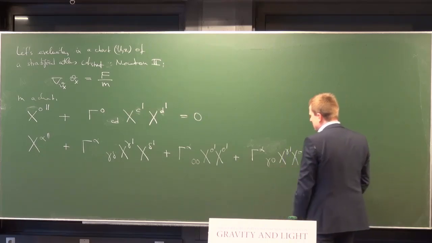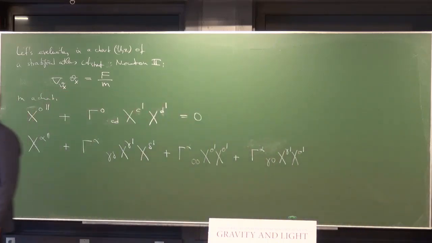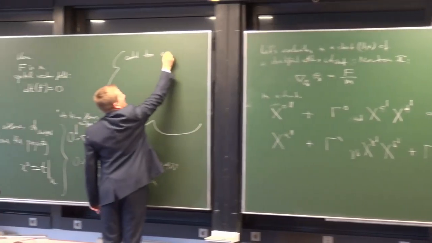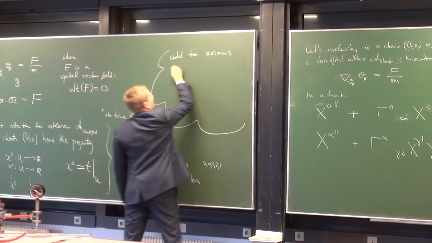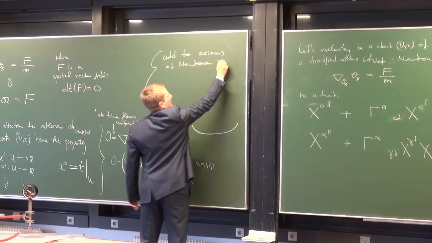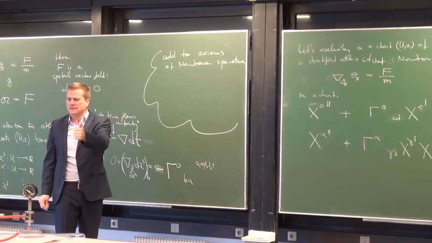And I forgot yet another. I should have said something. I'm sorry. I forgot something in the axioms for Newtonian space. Please add to the axioms. I'm sorry. Add two axioms of Newtonian spacetime. Now I made a postulate on the t, namely dt non equals 0.